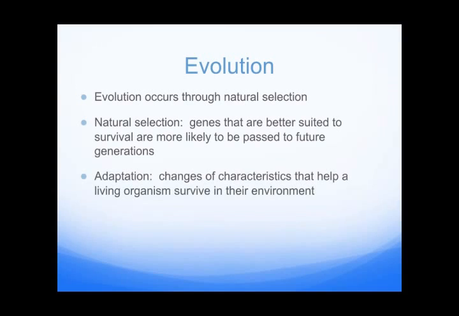Things with positive adaptations for the environment will pass those adaptations on to their offspring, and those offspring will have a better chance of surviving and passing the gene on again. And over long periods of time, natural selection causes evolution.